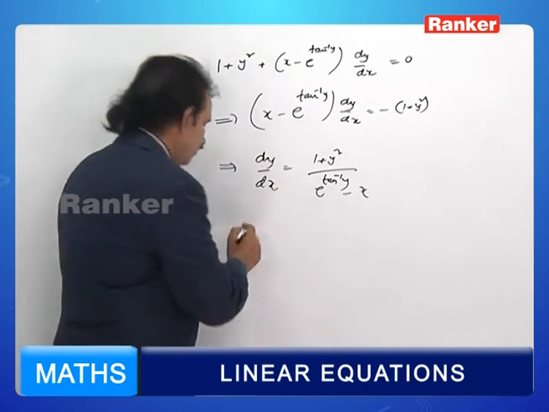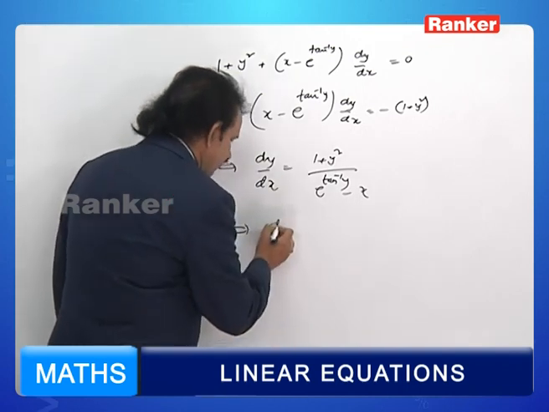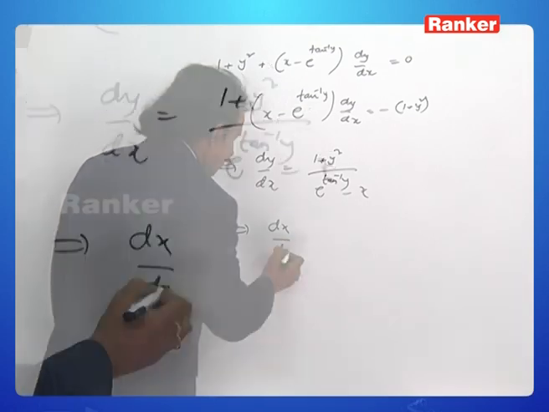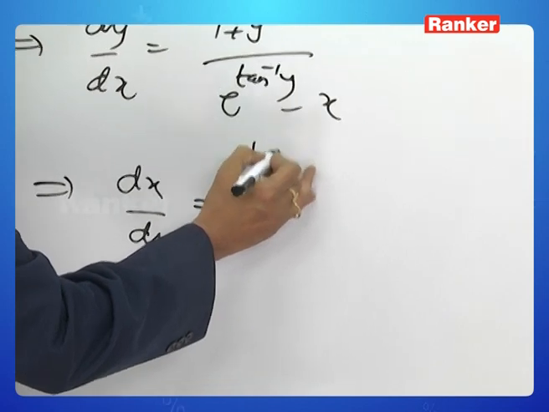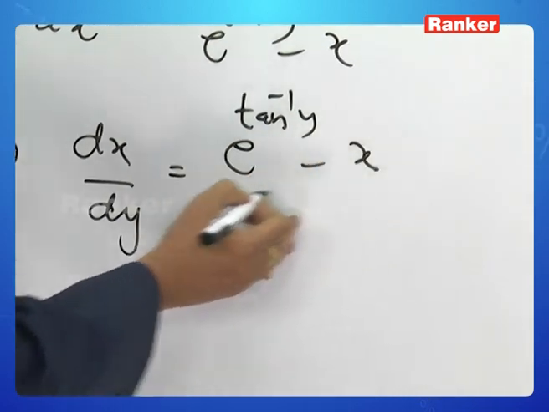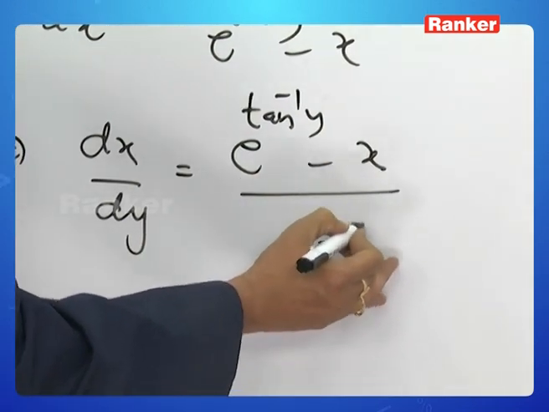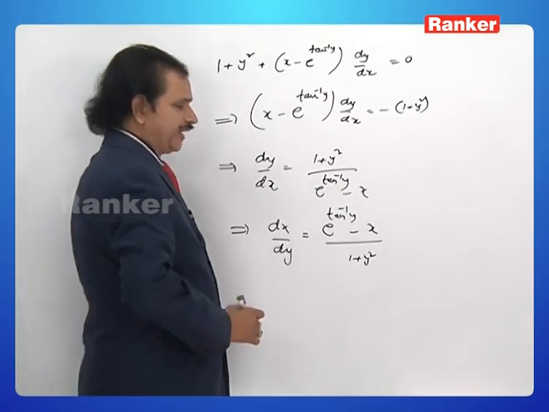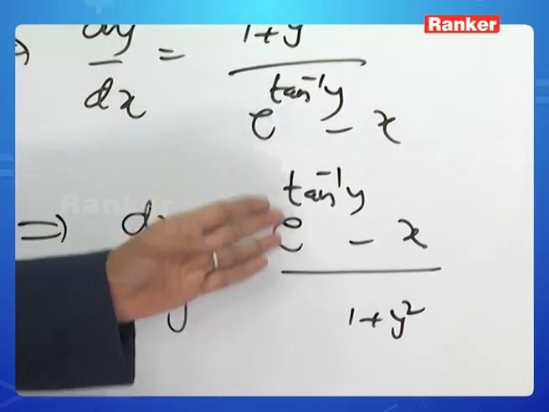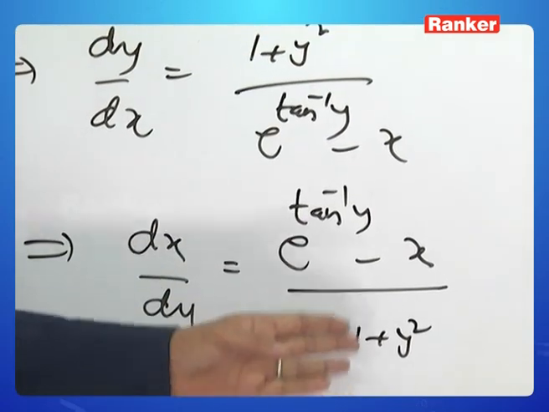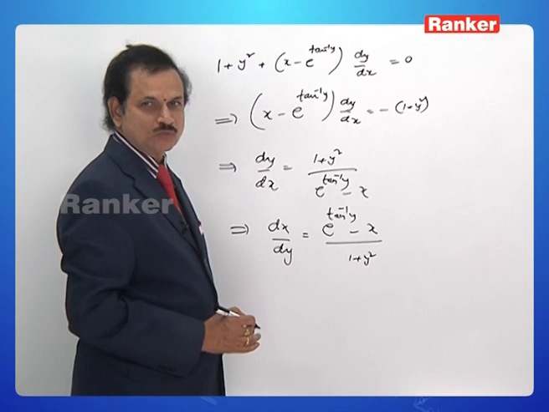Come on, you find dx by dy from this equation. Dx by dy is equal to e power tan inverse y minus x by 1 plus y square. Again, you have two things on the right hand side. One thing is e power tan inverse y by 1 plus y square, and the other is minus x by 1 plus y square.